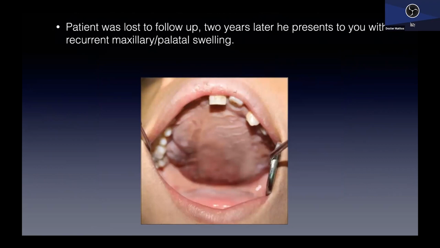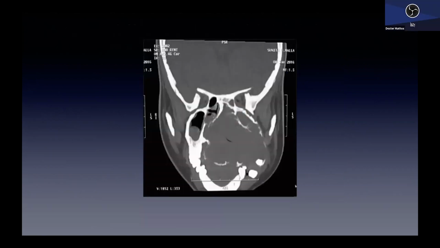Mm-hmm. All right. And what are some of the conservative treatments for a larger lesion like this? This is an extensive lesion that appears to be extending into the nose and the maxillary sinus, and a maxillectomy would be indicated. Mm-hmm.